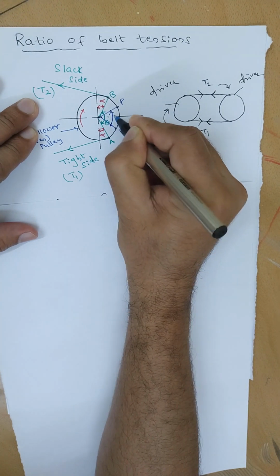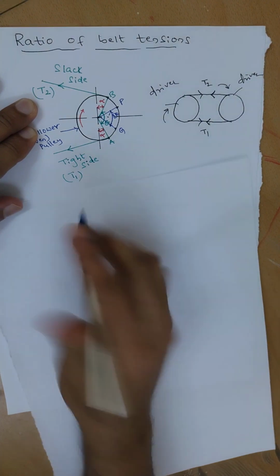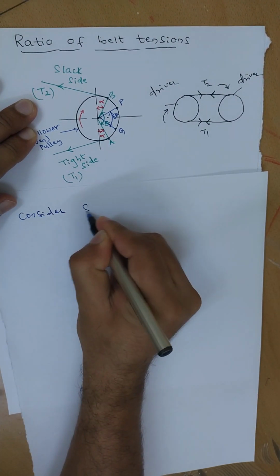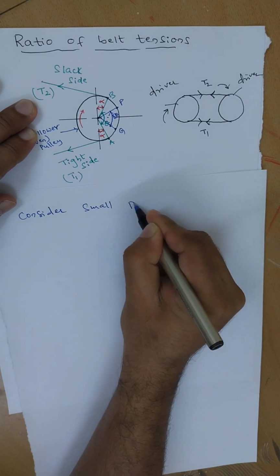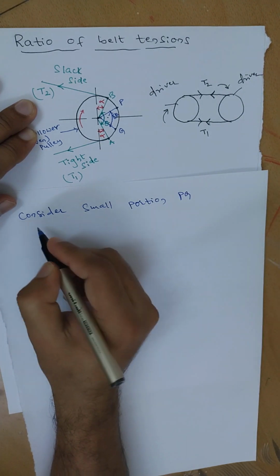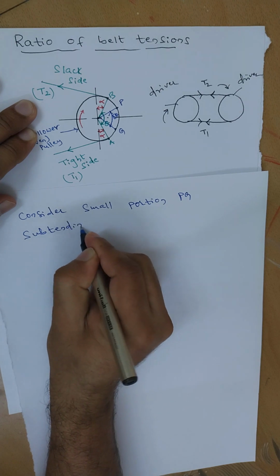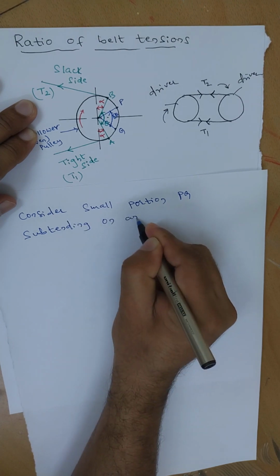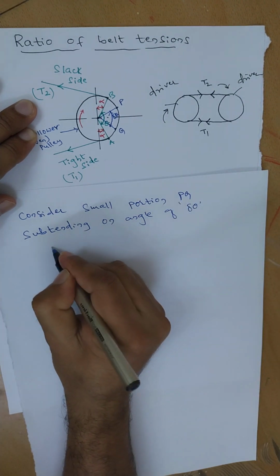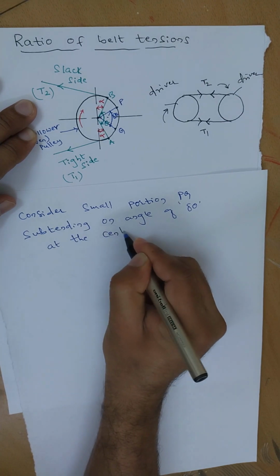This is d theta. Consider the small portion PQ subtending an angle of d theta at the center.